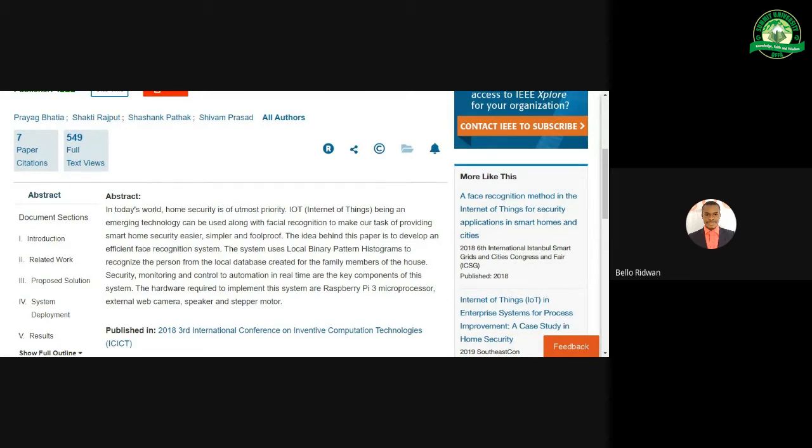And from what we discussed yesterday, I think this is one of the proposed solutions that we like, just like the embedded system that someone suggested that we can use for facial recognition with intruder detection. So with that, I think this paper will be very useful for us.